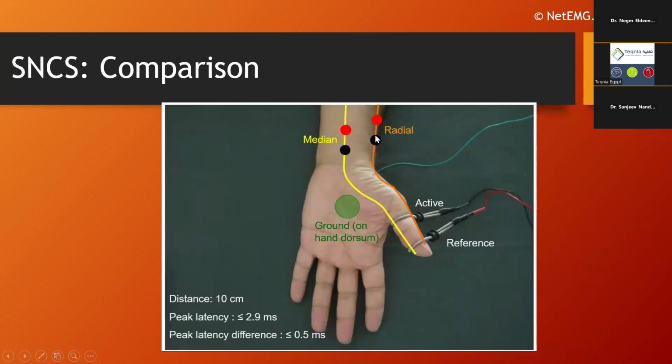So if we stimulate at an identical distance, let's say 10 centimeters, we expect them to conduct at the same speed, and their latency difference should be very small. But in pathology, for example in carpal tunnel syndrome, the median nerve will conduct slowly, the radial nerve will conduct fast, and as a result, the median latency will be significantly increased compared to the radial nerve.